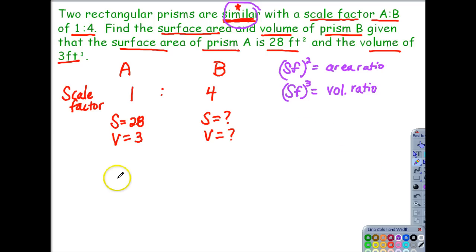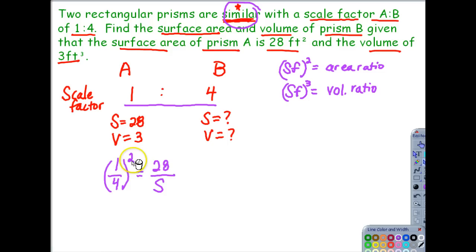If I'm finding the surface area, I'm going to use that scale factor, which is 1 to 4. But what am I going to do with it? We're going to have to square it, and that will be your surface area ratio. So I set that equal to the surface area of prism A, 28, to the surface area of prism B. Notice I put the A on top because it's A to B. What we saw in the last chapter, a lot of people want to say 1 to 4 is 28 to S. You can't do that, because then you're saying the area ratio is the same as the scale factor.